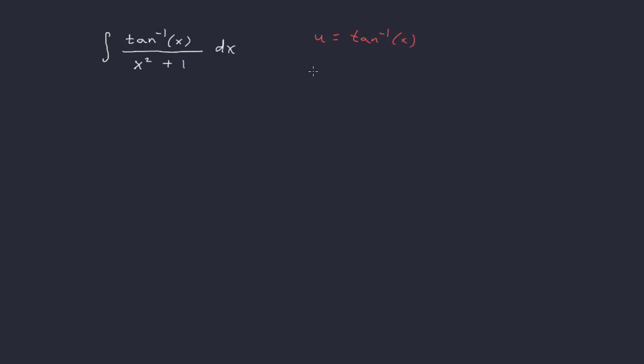Then du, well, the derivative of tan inverse is 1 over 1 plus x squared dx, and we do have that. We don't see it, but there is a 1 sitting right here. So this altogether would be our du, and then this would just be our u.